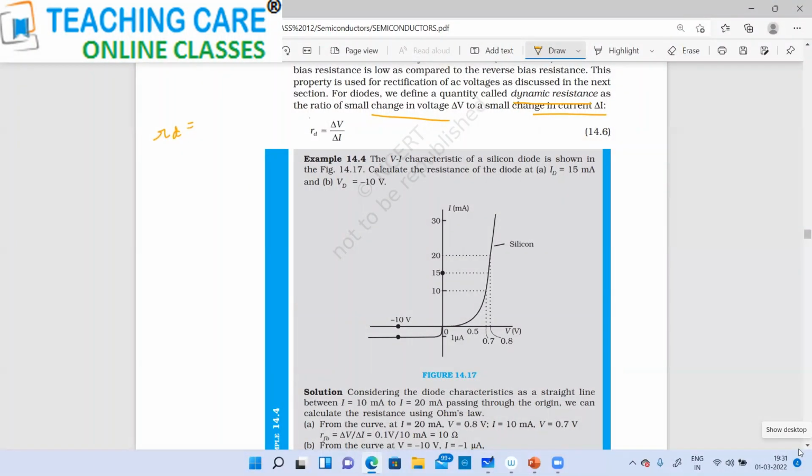The SI unit is, as usual, ohm. From the graph, which increases linearly, we can find the change in voltage to change in current. If you have a textbook with you, underline this, highlight this.